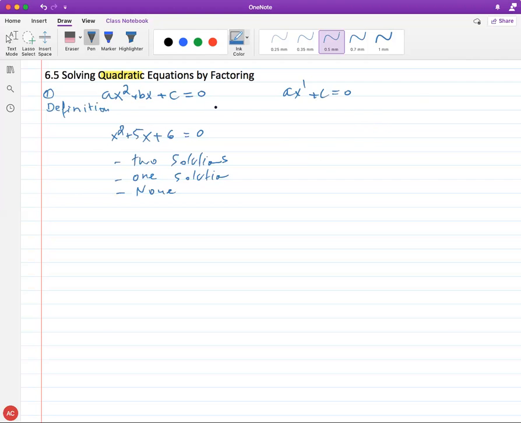This is basically what we call the standard form. Typically, all quadratic equations have this form. Whether you see three terms or only two, it's technically in this standard form.